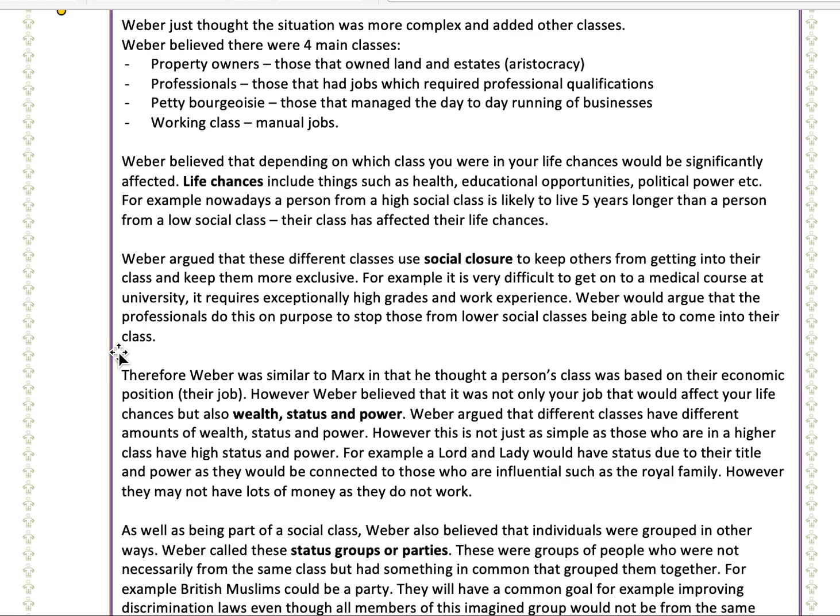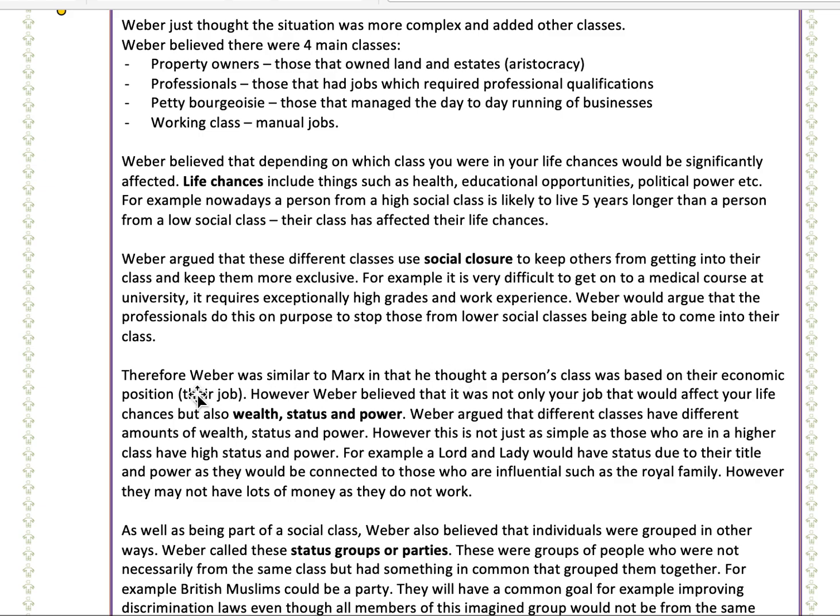One example could be, to get onto a medicine course at university, you need to have done lots of experience, and to do work experience in a hospital, you need that social capital, you need those contacts. So that's one way that the elite in society keep their social class group as exclusive as possible.